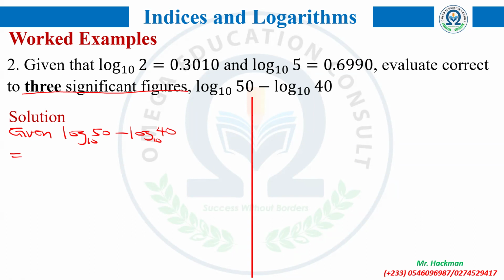You can use your factor tree if need be. First of all, start with the original numbers. If it's not possible, then you bring in the 10. So I factorize and I'm going to get 5 times 10, am I right? And this will give me 5 times 5, is that clear?